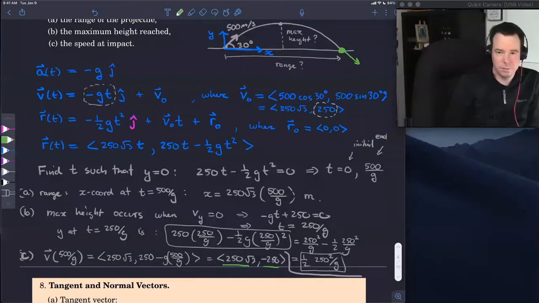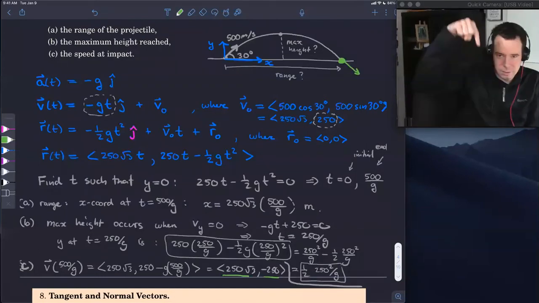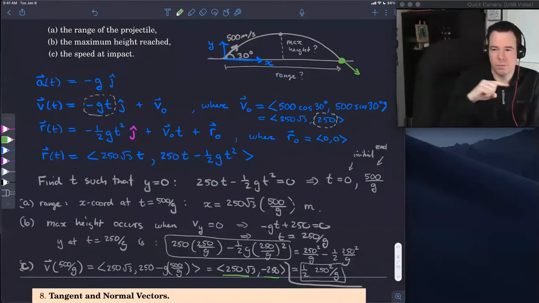The key point here is that whatever its initial x component of velocity was, that's going to remain throughout, because the only thing affecting its motion is this downward force. There's no horizontal force here. There's no air friction or anything. So its horizontal velocity is going to remain constant throughout its motion. It's only the vertical velocity that's changing, and that's now at negative 250.